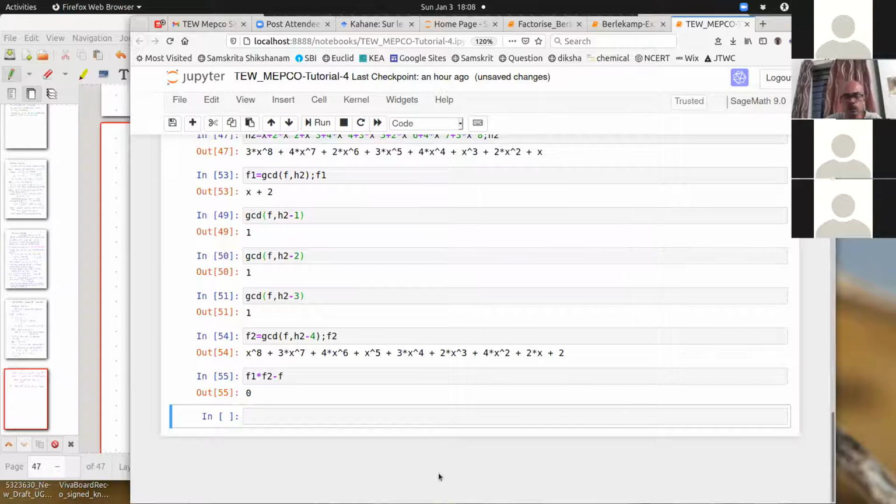Once we factor into 2, they have to be irreducible. You can use this process again to check, but they are irreducible. This is the factorization: the first factor is the linear factor x plus 2, and the second factor is this.